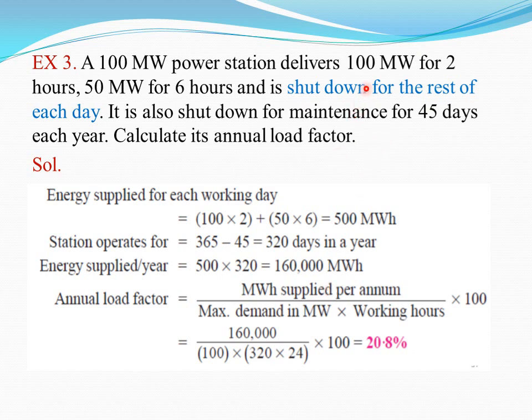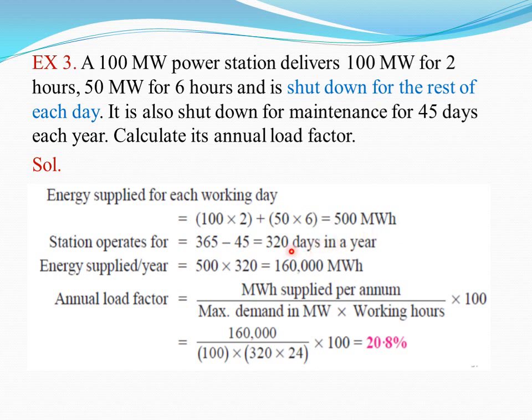In the question they have given 100 megawatt for 2 hours and 50 megawatt for 6 hours. So the units supplied per day will be 100 into 2 plus 50 into 6, so it is 500 megawatt hour. All these units are important for everything. Just as in machines you put voltage in volts and current in amps, similarly this megawatt hour unit is important.